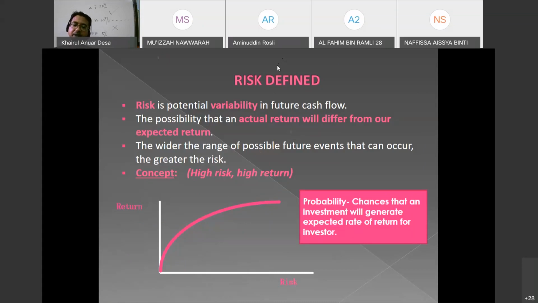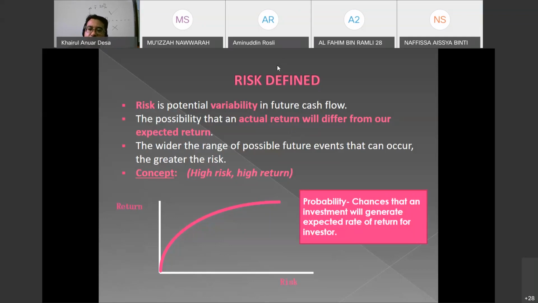In finance, the philosophy is high risk, high return. If you are ready to be involved in a high-risk investment, you will be rewarded with a high return. Kalau you tak sanggup berhadapan dengan risiko yang tinggi, you akan terlibat dalam pelaburan berisiko rendah, so the return is also small.